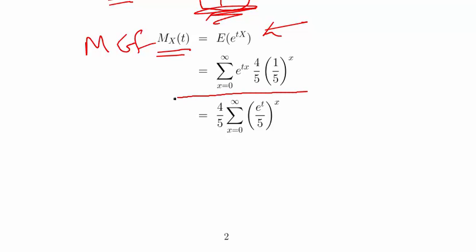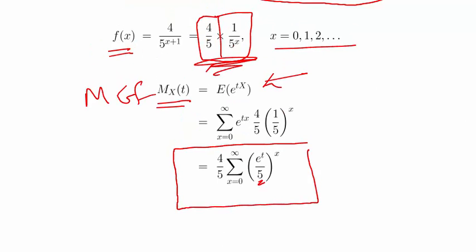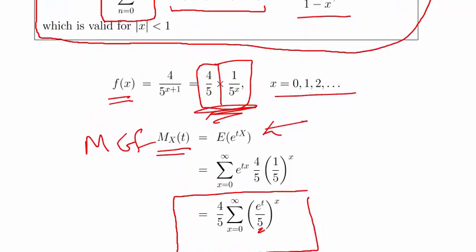So my moment generating function can be written as that. Now this is where e to the t over 5 being less than 1, that is, e to the t less than 5, becomes important here, okay? Because this means it's less than 1.